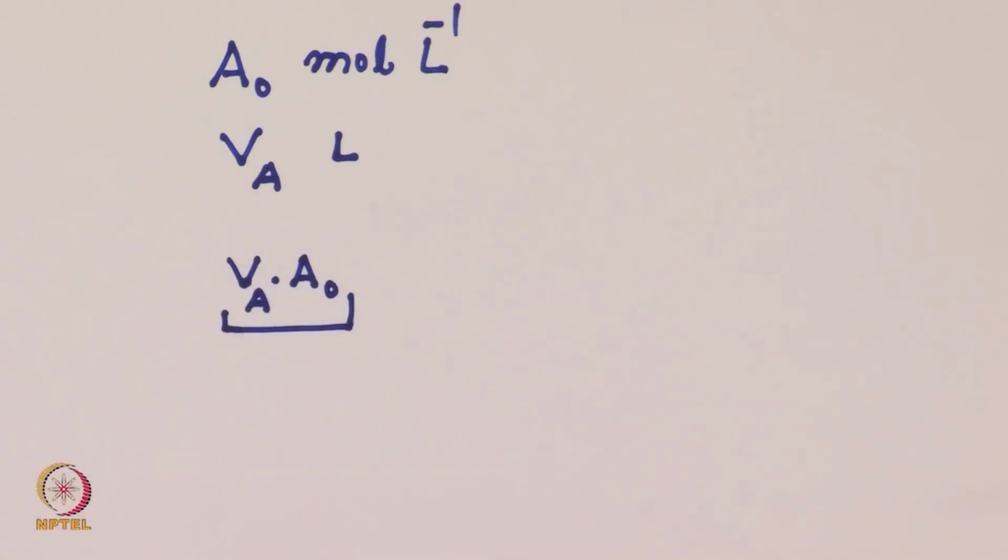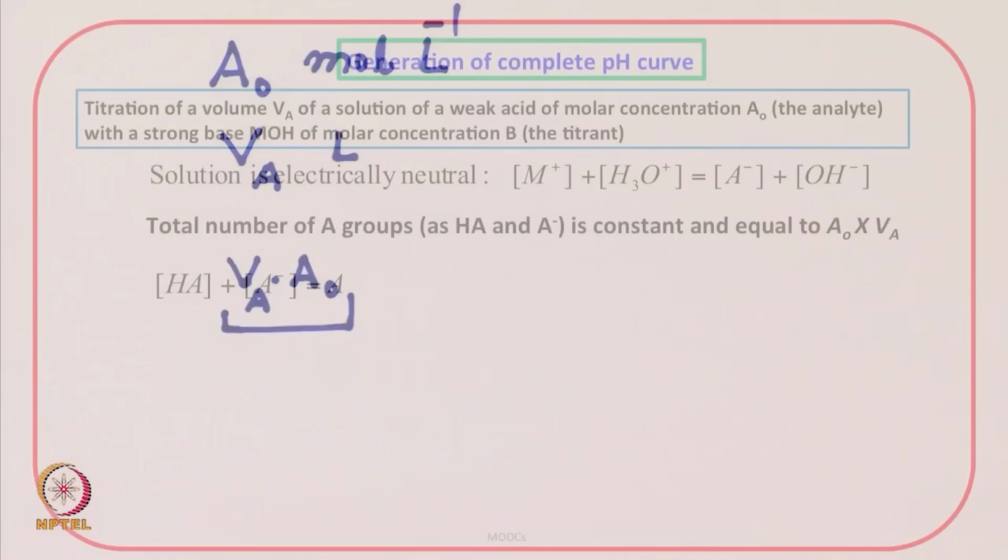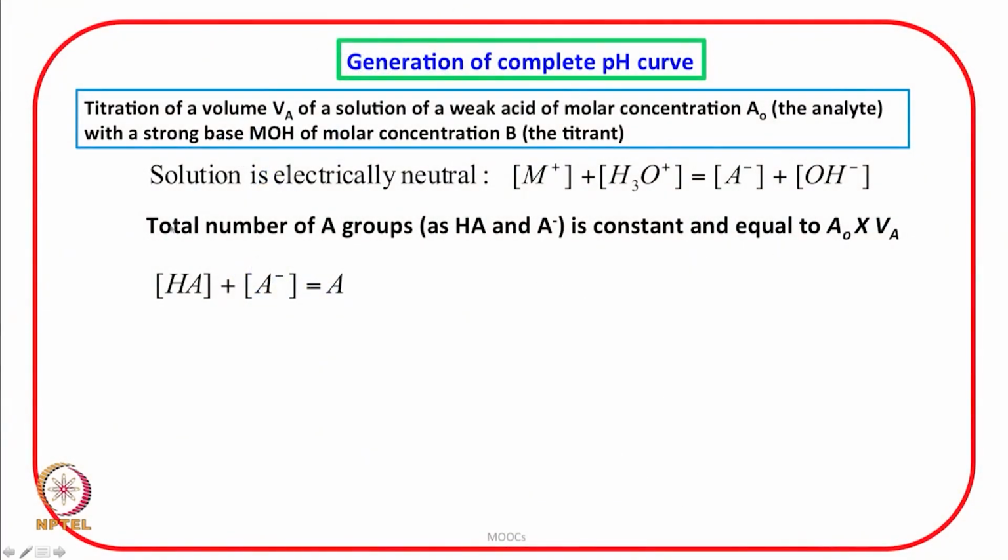That is the amount of A groups, and let us go to the slide. Total number of A groups is constant and is equal to A0 into whatever is the volume of the weak acid added, and this has to be constant. Whatever HA plus A minus, this is equal to total number of A groups.